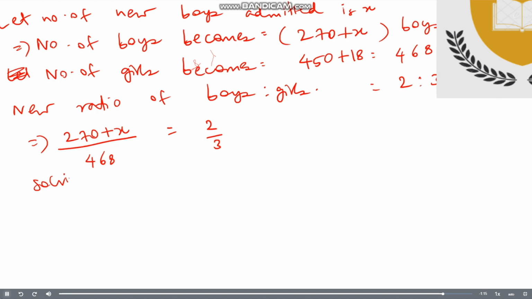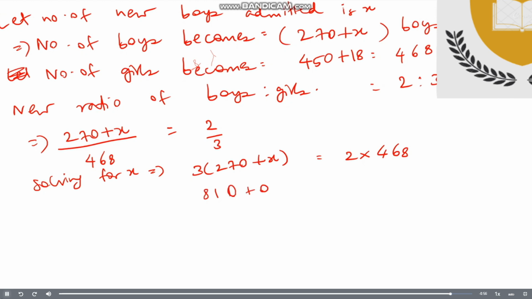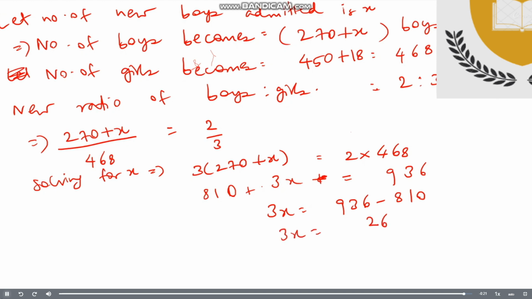Solving for x, 3 into 270 plus x is equal to 2 into 468. 810 plus 3x is equal to 936. 3x is equal to 936 minus 810. 3x is equal to 126.